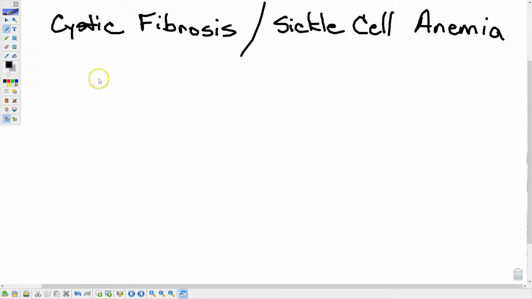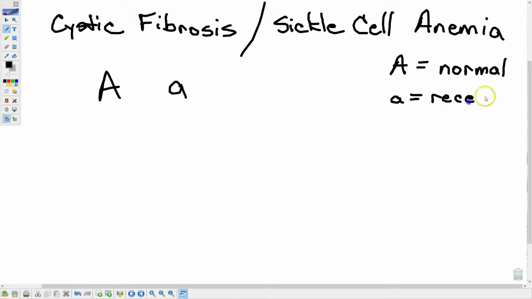actually happen. This parent, we will say, is a carrier. Capital A, the dominant, is the normal OK gene. Little a is the recessive gene, and that's the one that will cause these diseases separately, 2 separate diseases. So let's say mom is a carrier.